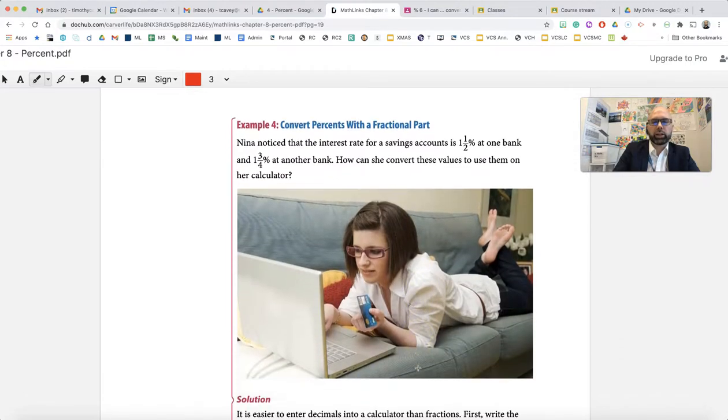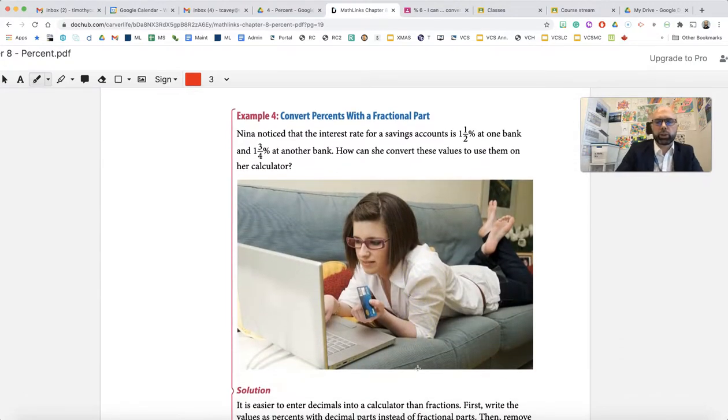All right, example 4, converting percents with a fractional part. So 1.5%. I cannot overstate this. Be careful with the percents. Make sure you're thinking clearly about the place value. So 1.5%, we know that 1% equals 0.01.